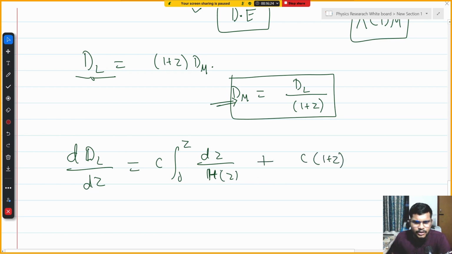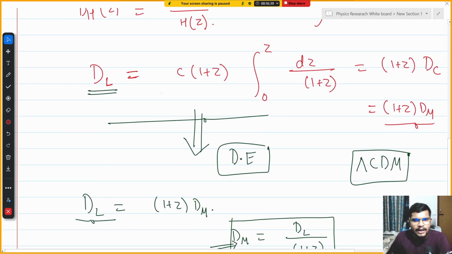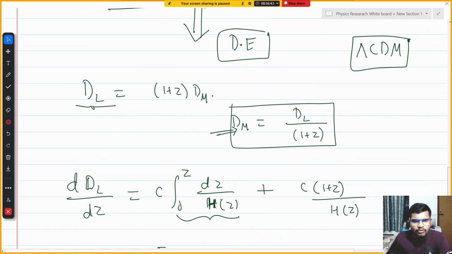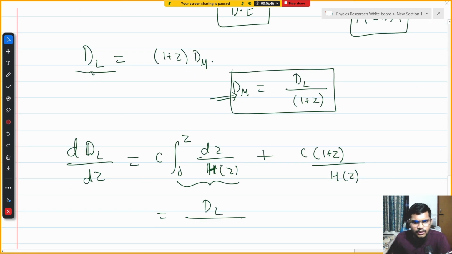The integral and derivative will cancel each other, and therefore I have H of z, and I can write everything in terms of dL. Because dL is this one, c and this integral will be dL over (1 plus z). So this would be d of dL over dz.